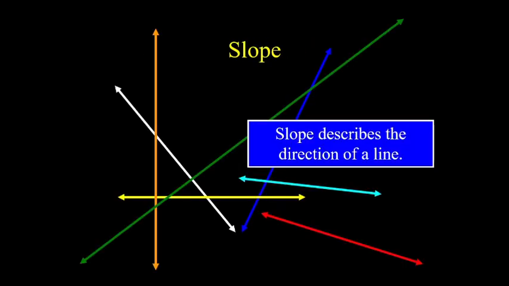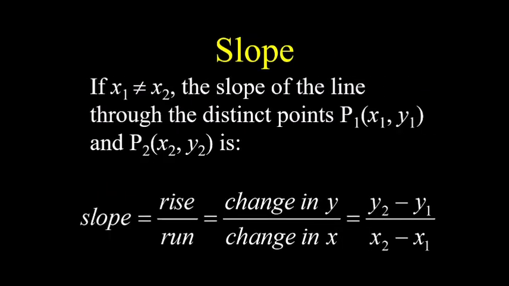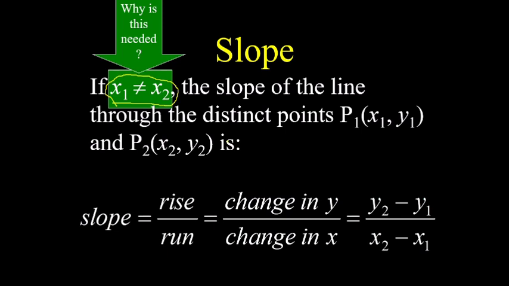The slope describes the direction of a line. You should understand this because in calculus, in your basic calculus when you reach grade 11 and take STEM, you will recap this. Why do we indicate that x sub 1 is not equal to x sub 2? Why is this needed?